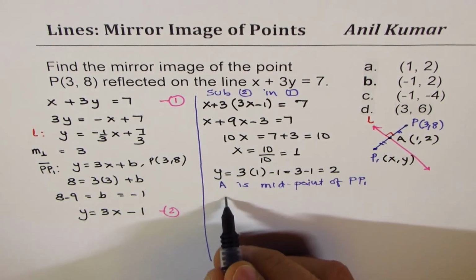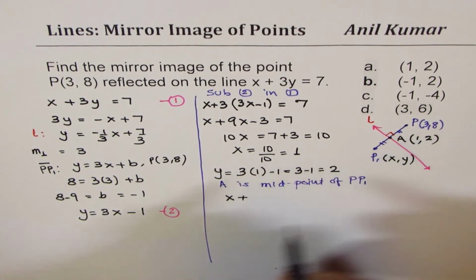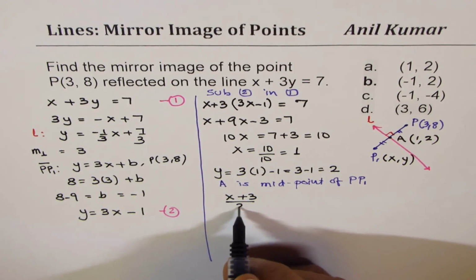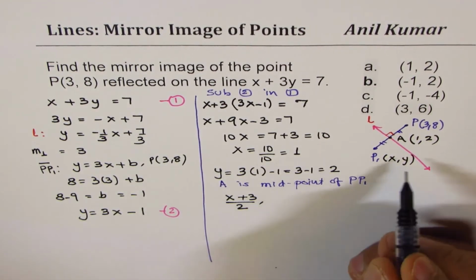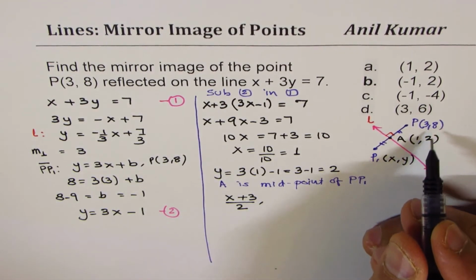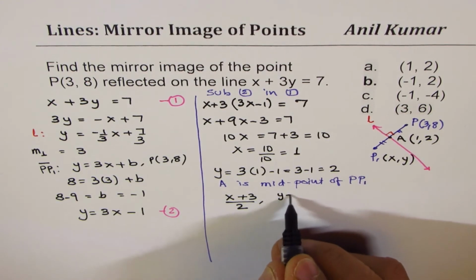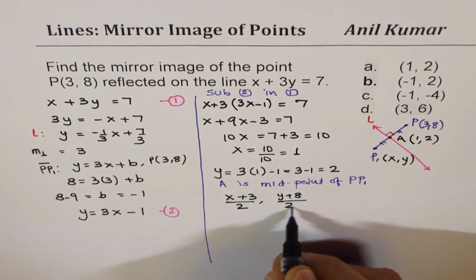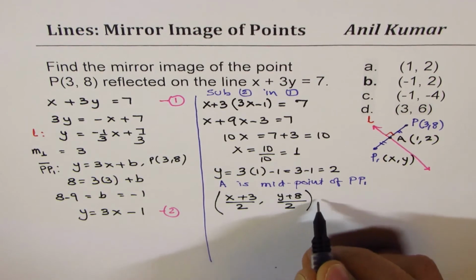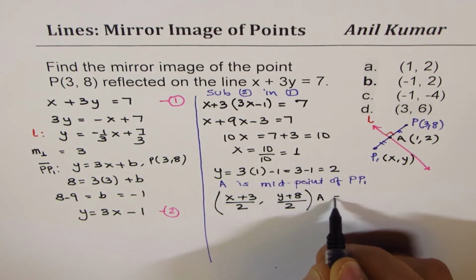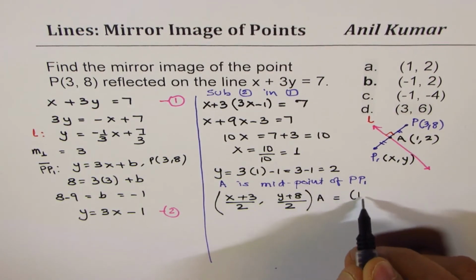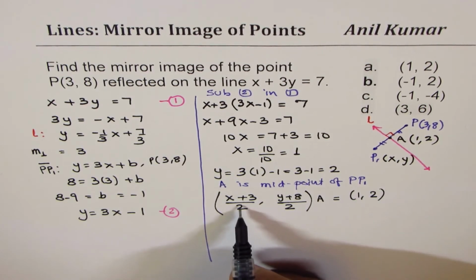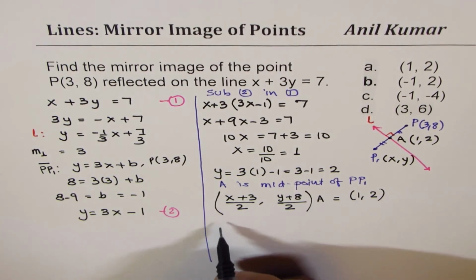So the midpoint is (x plus 3) divided by 2 for the x value, and the y value will be (y plus 8) divided by 2. That becomes the midpoint A. However, we know that A is (1, 2). So we can now find the values of x and y.